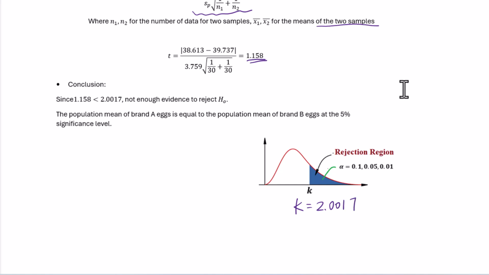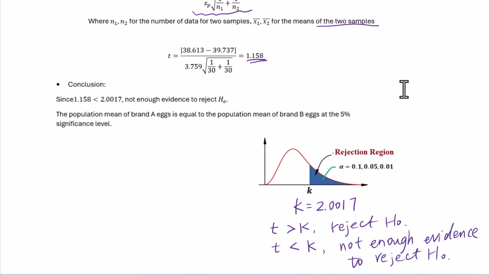The critical value k in this test equals 2.0017. When t greater than k, it will go to rejection region, reject H0. If t less than k, not enough evidence to reject H0.